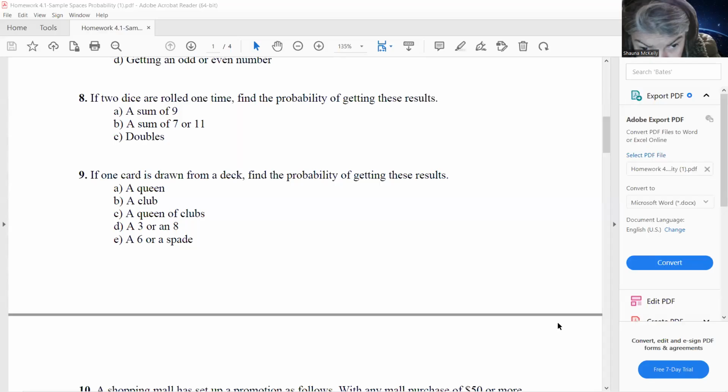I'll do the next one, which is a queen of clubs. Queen of clubs, okay? Well, how many queen of clubs do we have? There's only 1 queen of clubs. Let's find her.